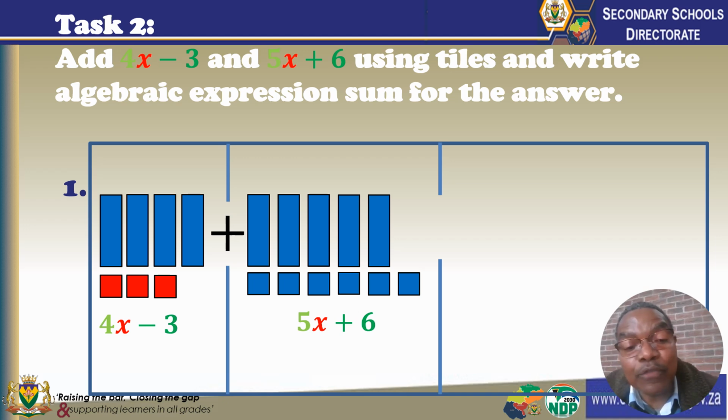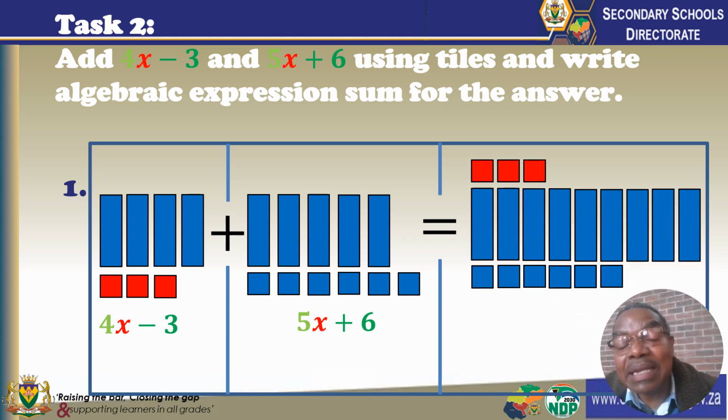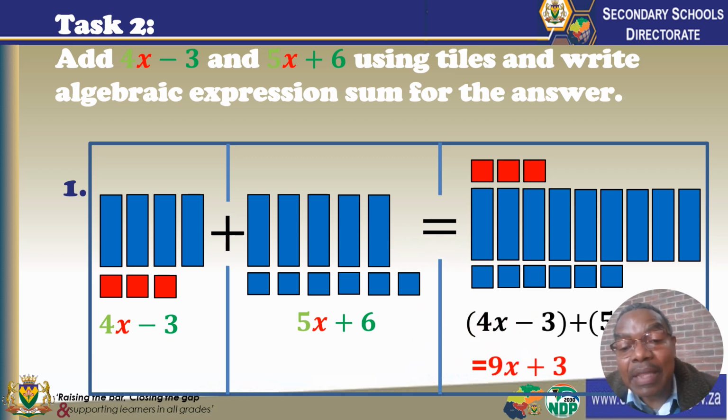Then the rectangles, we have 4x plus 5x, which is 9x. So our results are 9x plus 3. We take away the 3 negative squares from the 6, and we are left with 3 small squares, right? So let's continue.